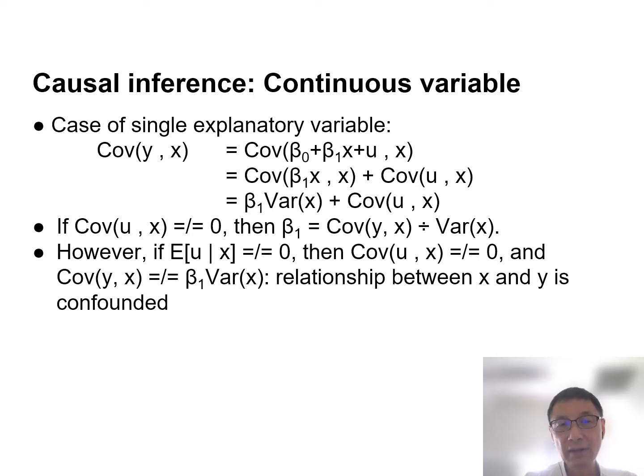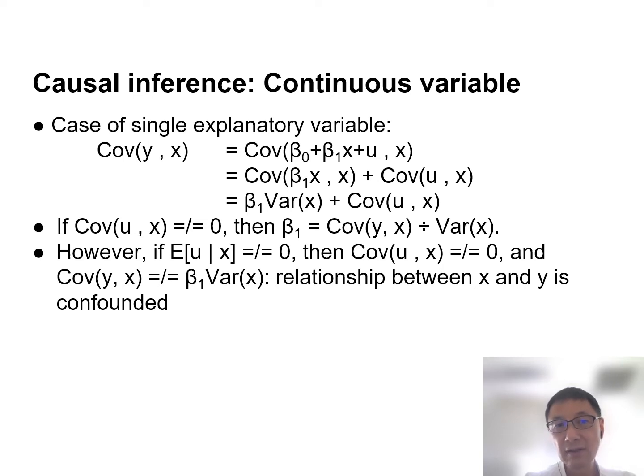Ideally, we want the covariance of u and x to be 0. Then we can use that equation, reshuffle, and we get an estimate of beta subscript 1 as the covariance of y with x divided by the variance of x. But what if the expected value of the error conditional on x is not equal to 0?